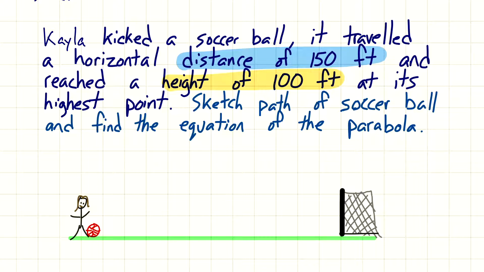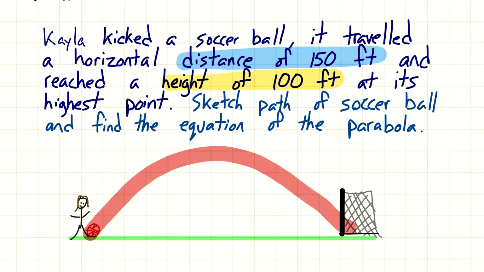So if I draw in this kick, the problem doesn't really say anything about kicking it to the goal, but I just added that because I figured if she's going to kick it, she might be trying to score. So let's do maybe something like this. Maybe you could draw something better.